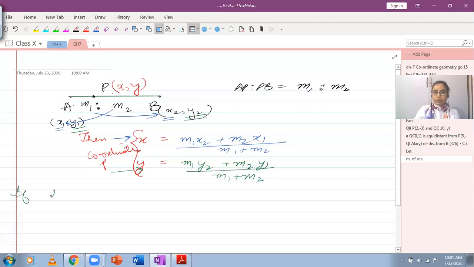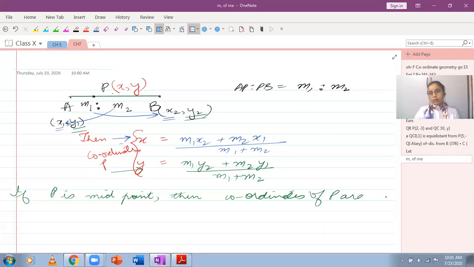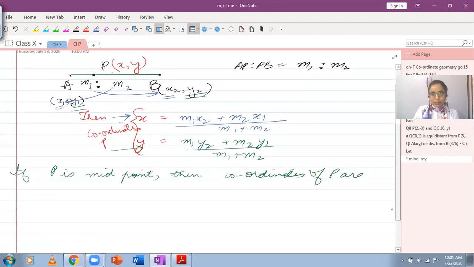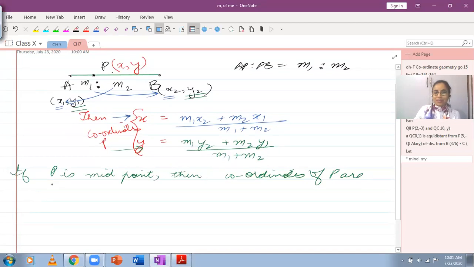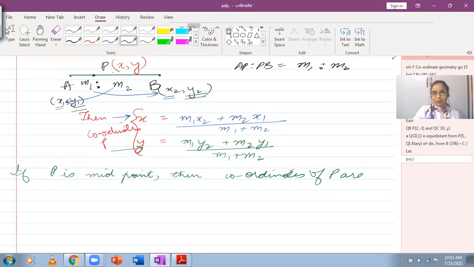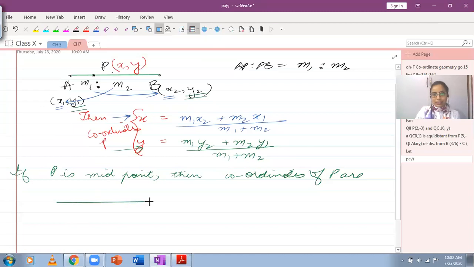And if P is the midpoint, then the coordinates of P are, simply stating, okay, Niratnur is here, nice. If P is the midpoint, then our line segment would be like this, and then we have A here.